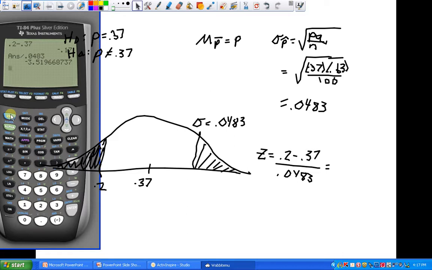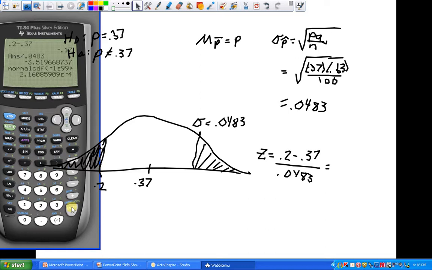So we can get an idea how likely that is by going to normal CDF. We're trying to get this percentage. So our lower bound is negative infinity, way out here. Our upper bound is our z-score that we just found, which is our previous answer, which was negative 3.5. Our mean is 0 and our standard deviation is 1 if we're working with z-scores.